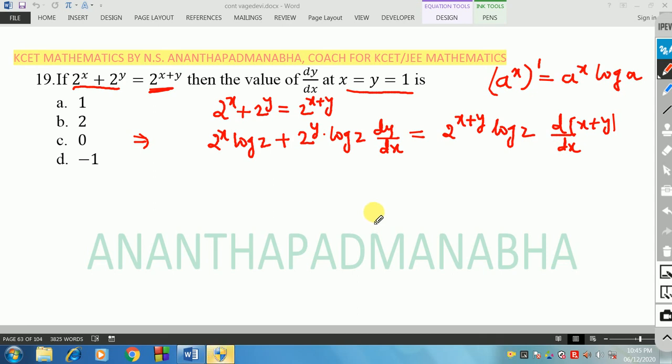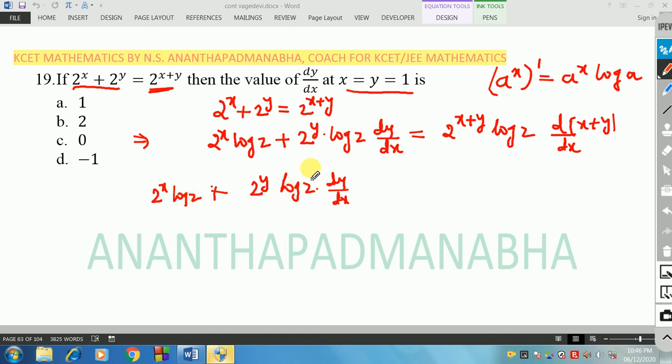Now we'll separate the dy by dx terms. So we get 2 to the power of y and log 2 into dy by dx. On the right hand side I have 2 to the power of x plus y into log 2 into the derivative of x plus y. Here I have 2 to the power of x into log 2.